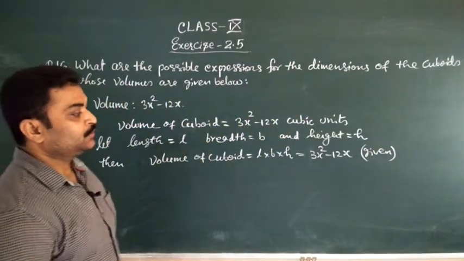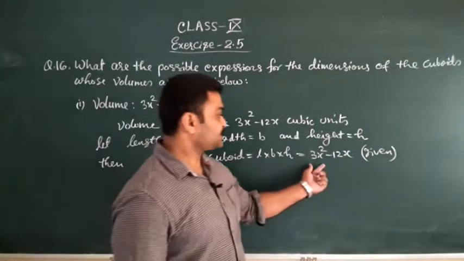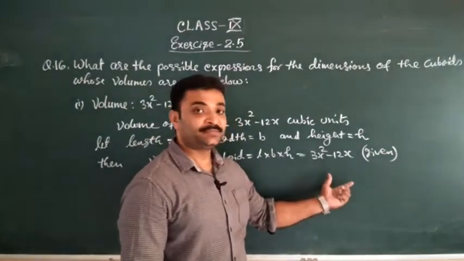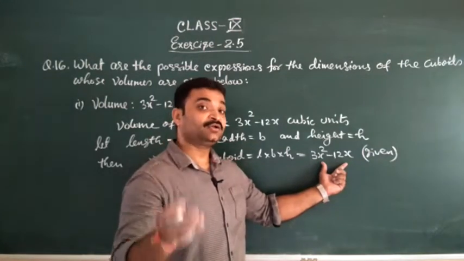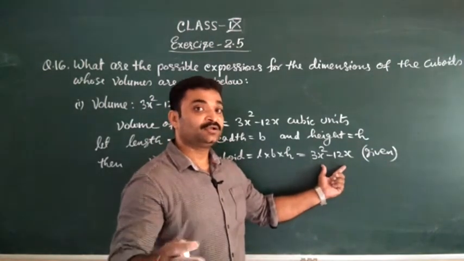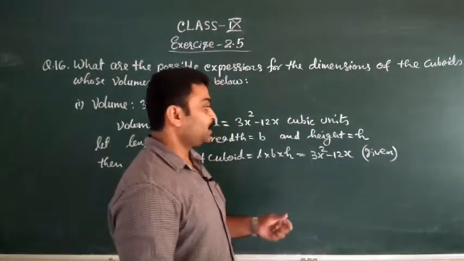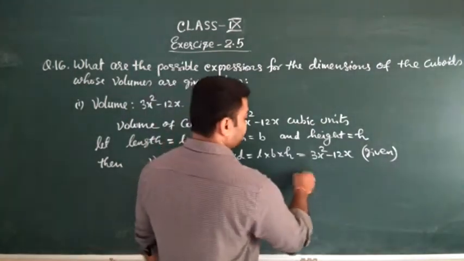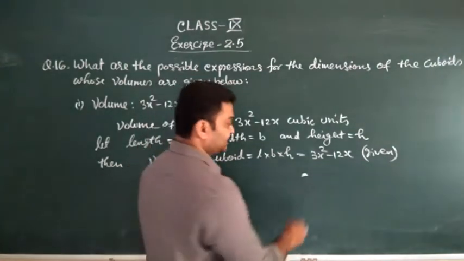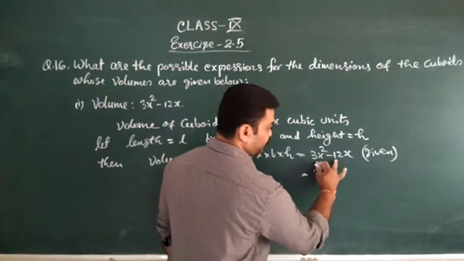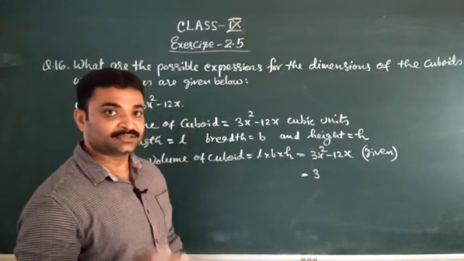Now the right hand side is 3x square minus 12x. That means this part is the product of 3 brackets or 3 numbers or 3 expressions. How do we find it? Simply we can take common here. We can take 3 also common. Between 3 and 12, the HCF is 3.